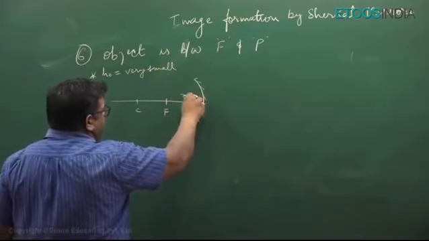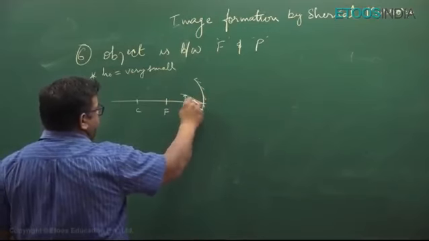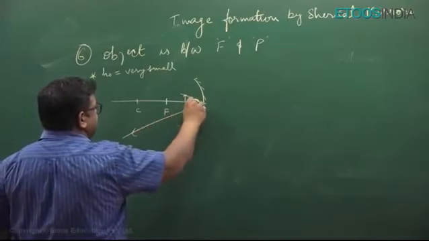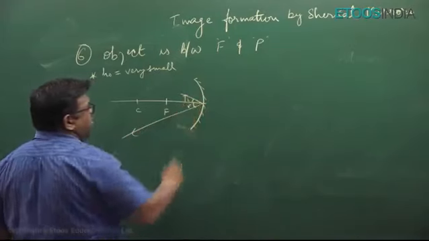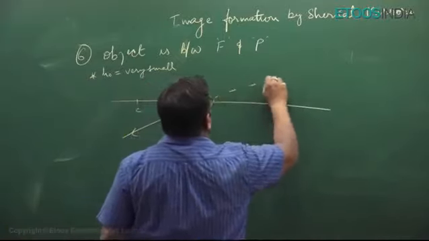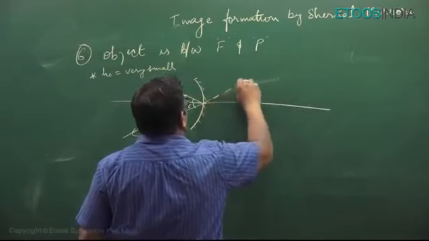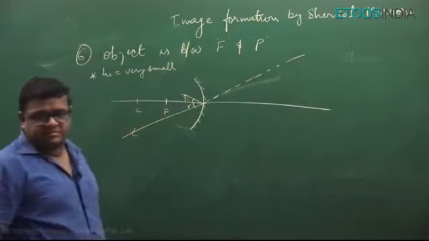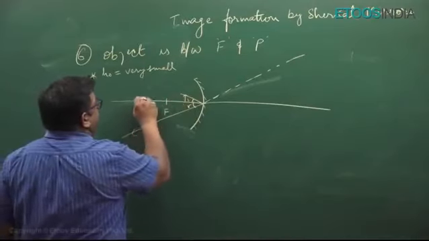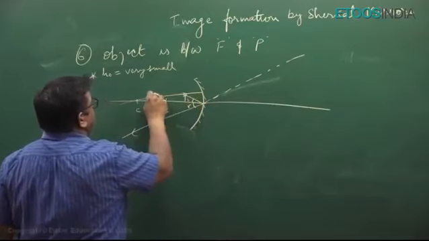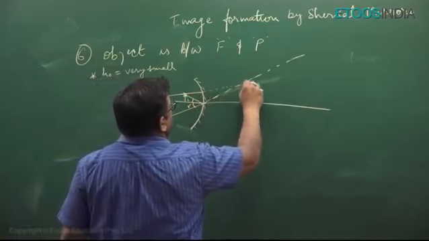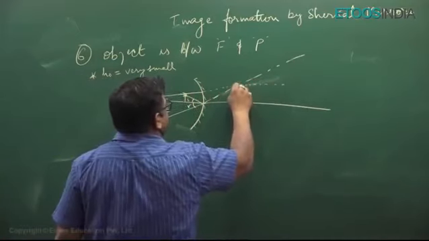Now, what we'll do? One of the rays will go obliquely here and it will come like this. This is angle I, this is angle R. We will stretch it back like this. Okay? Now, the next ray will be passed through the object and center of curvature and we'll stretch it back till behind.